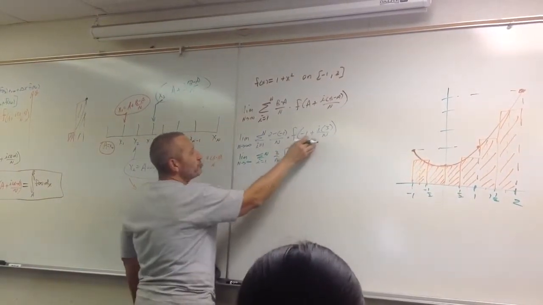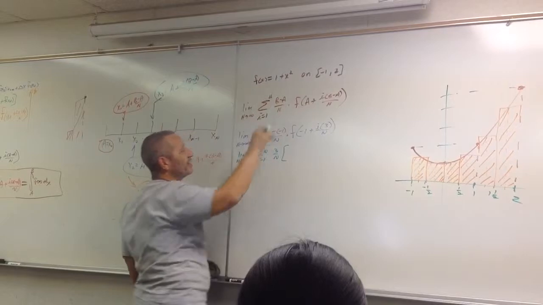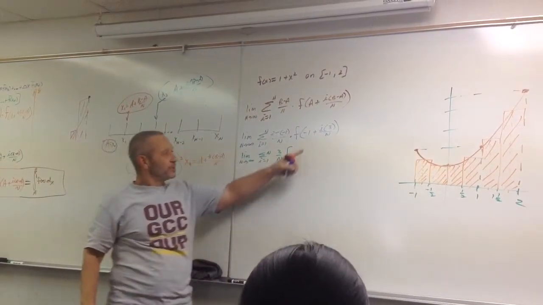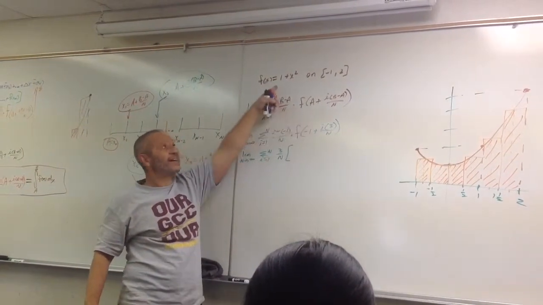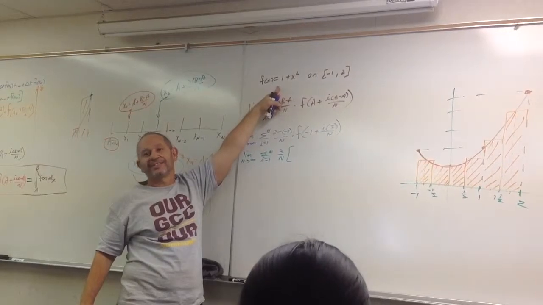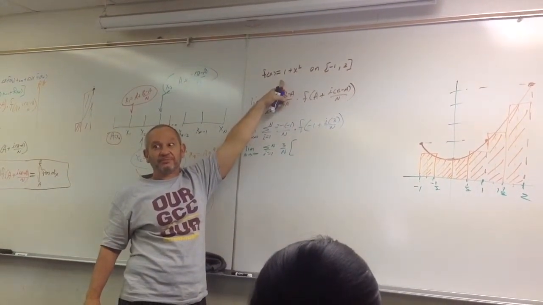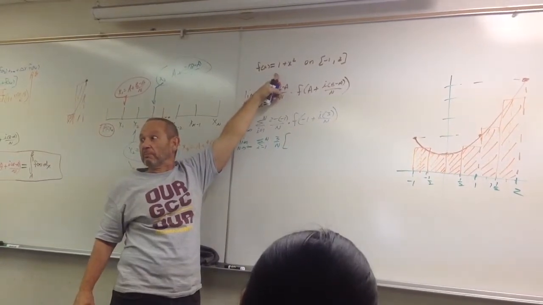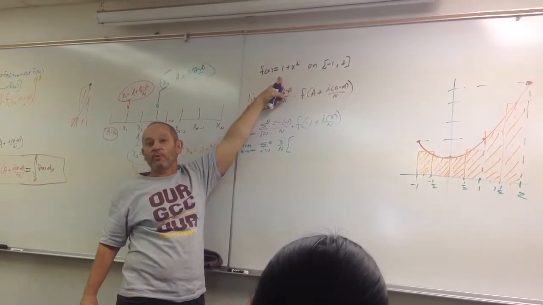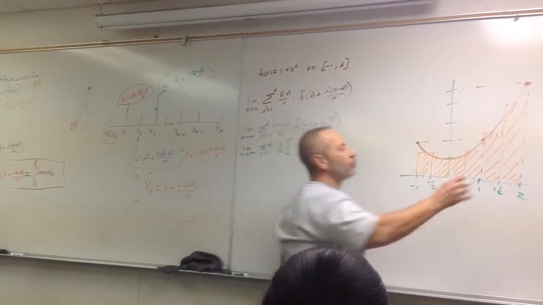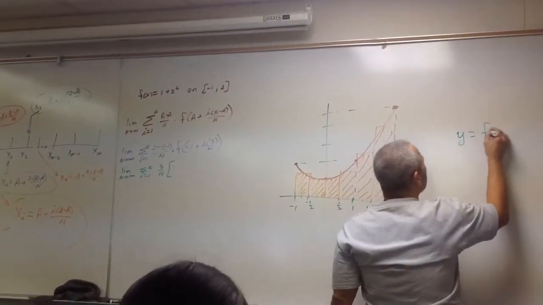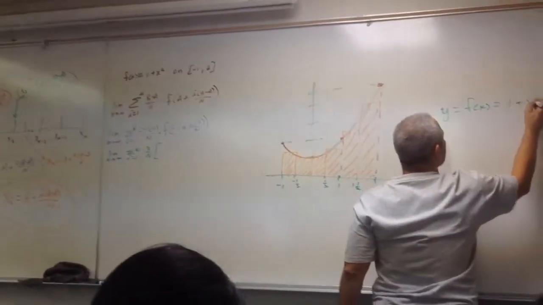Well, how would you plug that into f? Suppose I ask you to plug this into f of x. How would you do that? You put it in for x. Remember, here's y equals f of x, and f of x is 1 plus x squared.